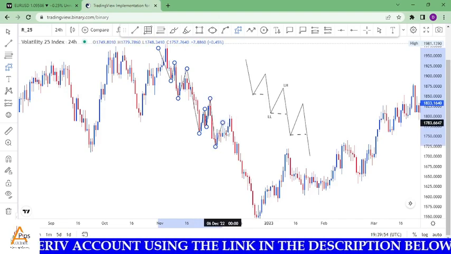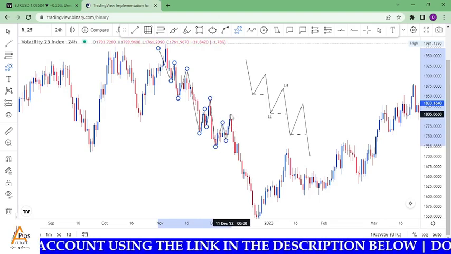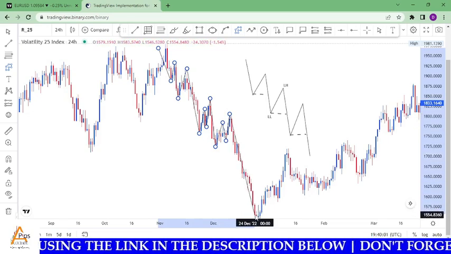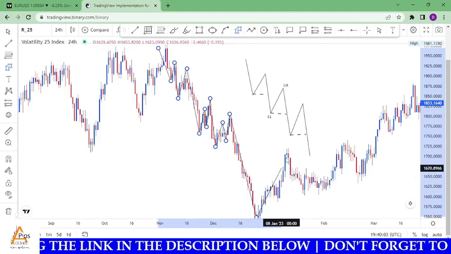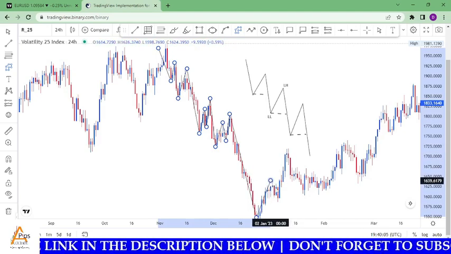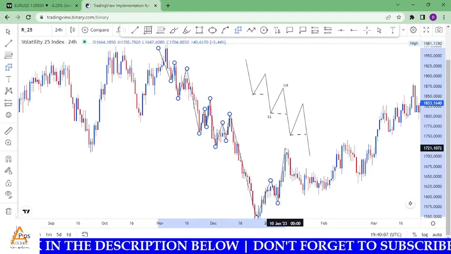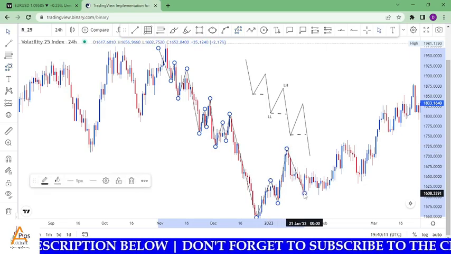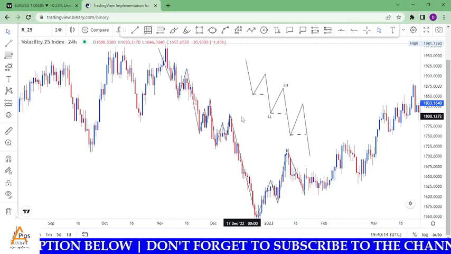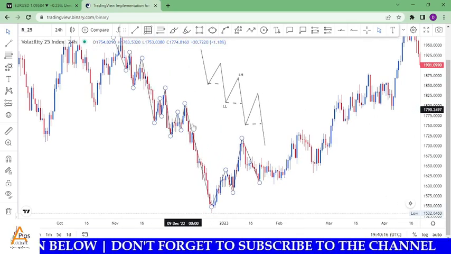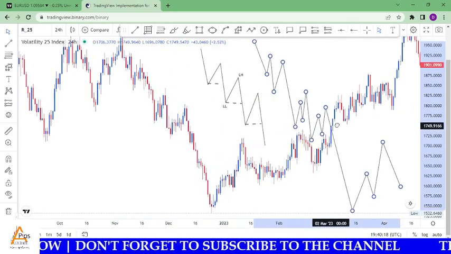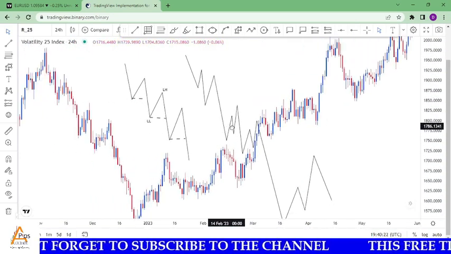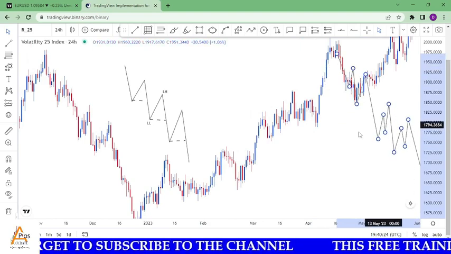We also have internal structure here. Then we have the main structure, and then we can see the major pull down before the change in direction. Sorry, let me move this to this side a bit so that I can use it to explain.